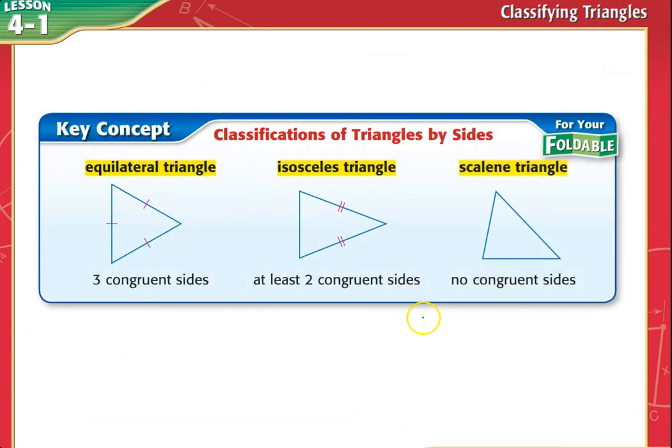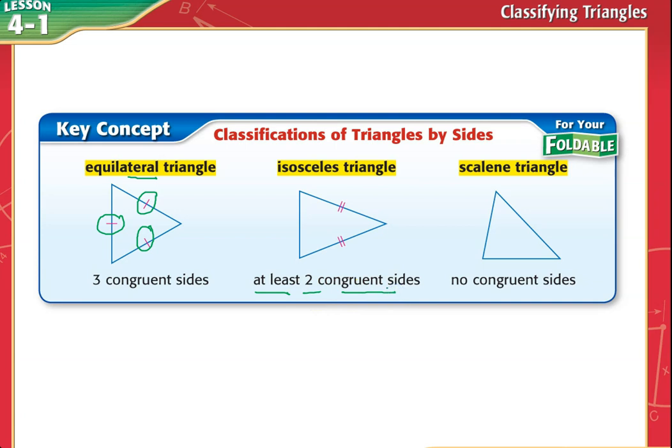Okay, classifications of triangles by sides. So we also have an equilateral, lateral meaning side. So this has three congruent sides, and when something is congruent, we show it by a tick mark. Okay, and then we have isosceles, and isosceles says at least two congruent sides.